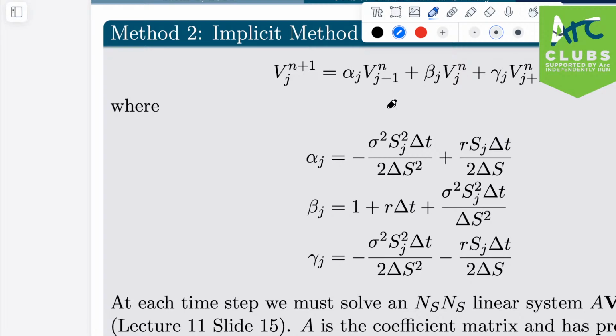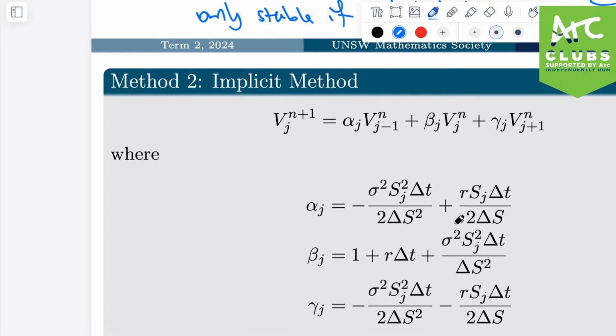The implicit method is where we do not have a direct solution.